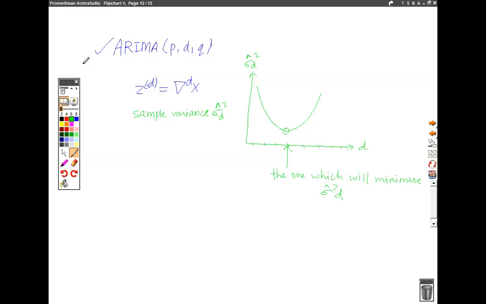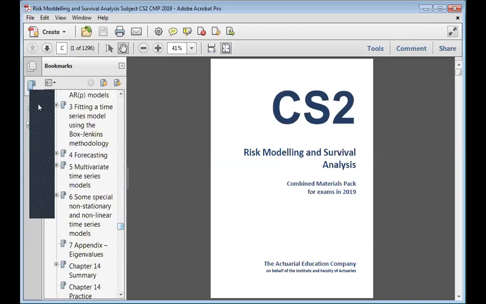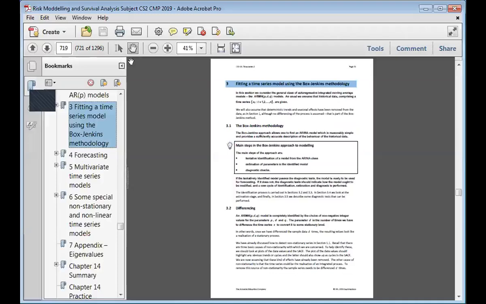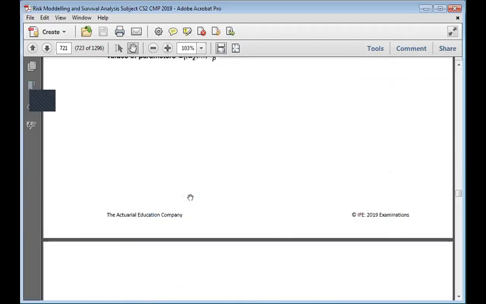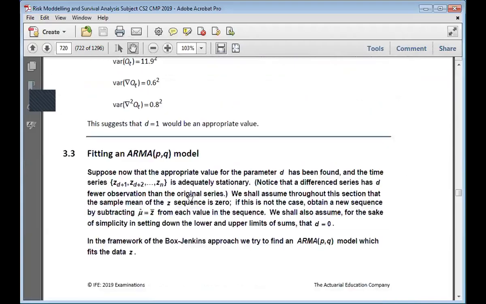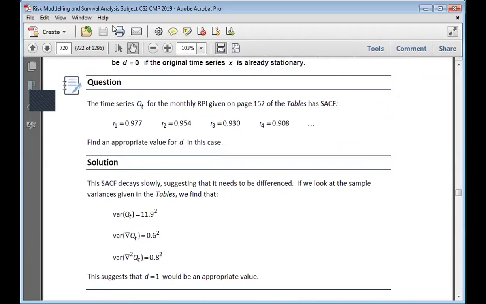So let me just share my book here. Let us try to have a look at what this question is asking us to do.